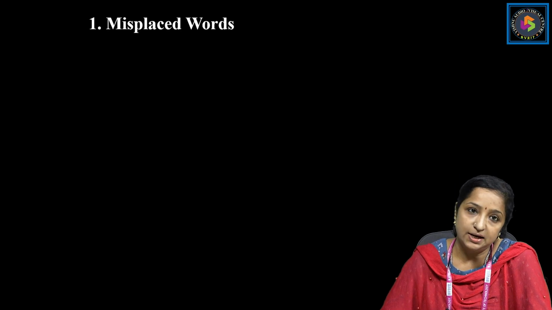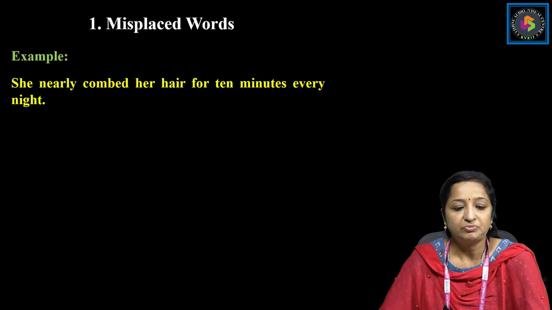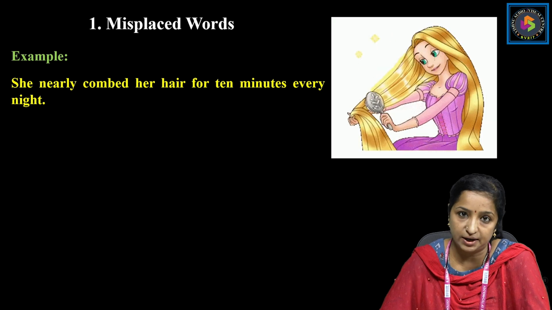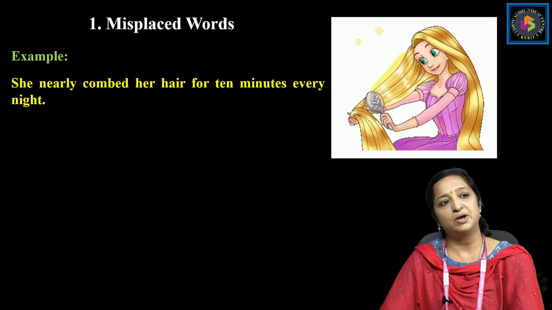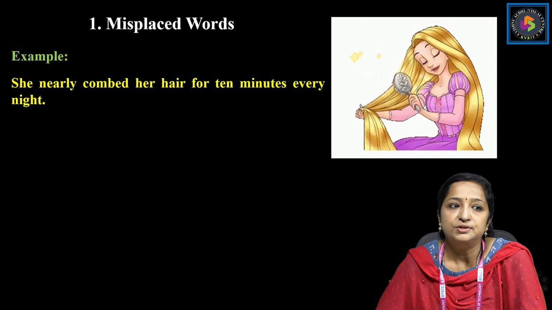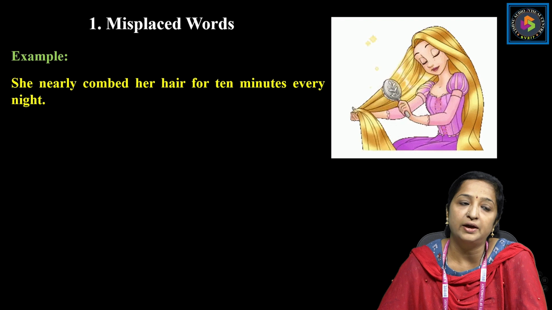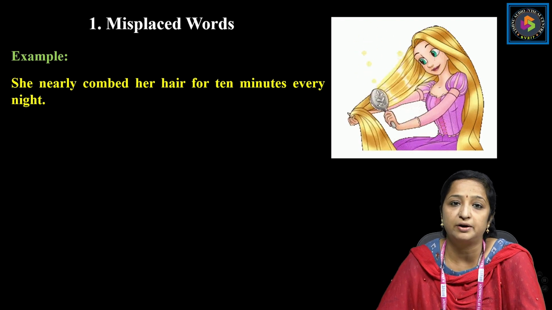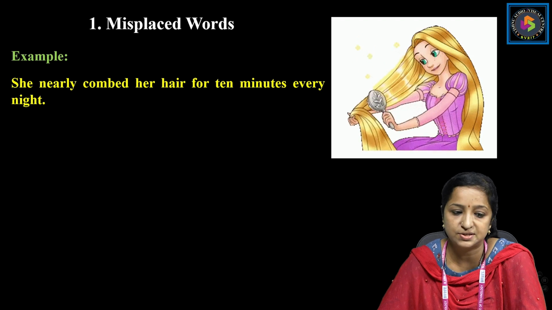Now, the second example, let us see. She nearly combed her hair for 10 minutes every night. With this sentence, it conveys a meaning that she combed her hair for every 10 minutes in the night. Throughout the night, she combed her hair for every 10 minutes.